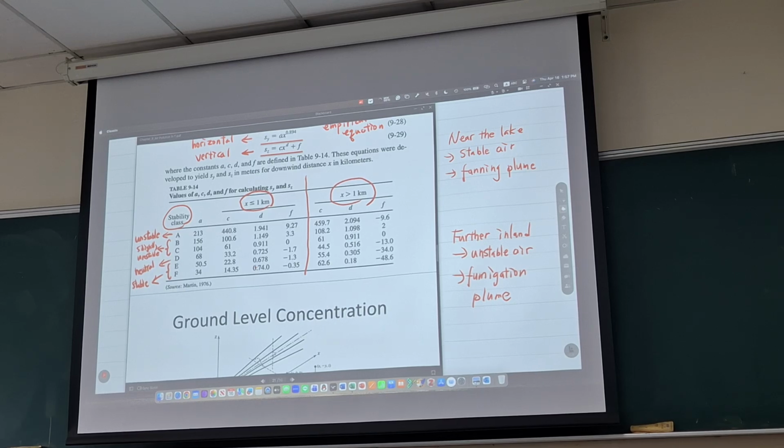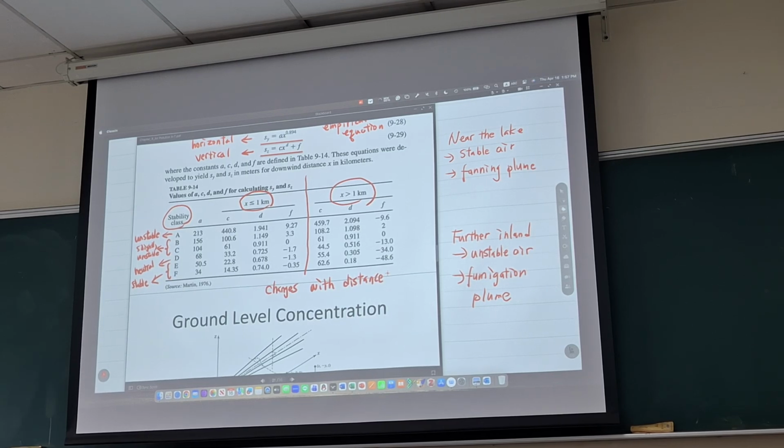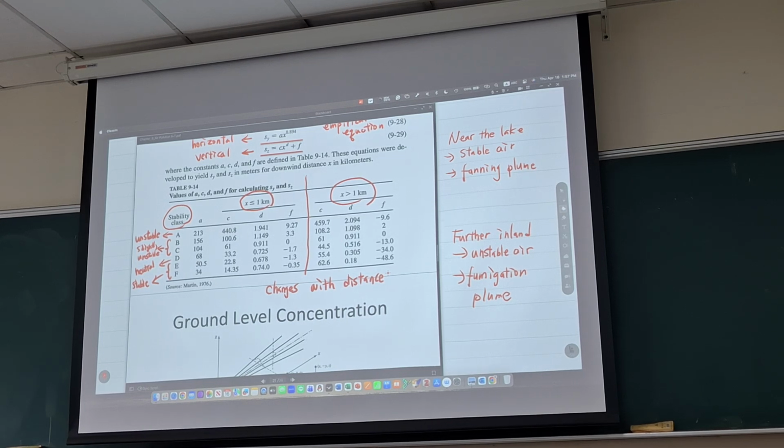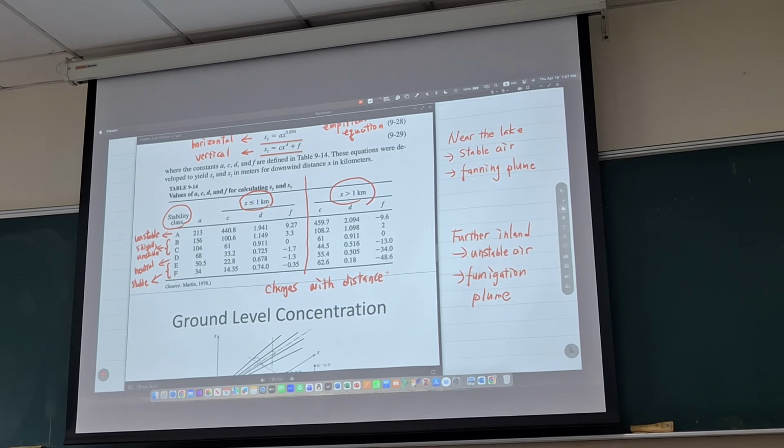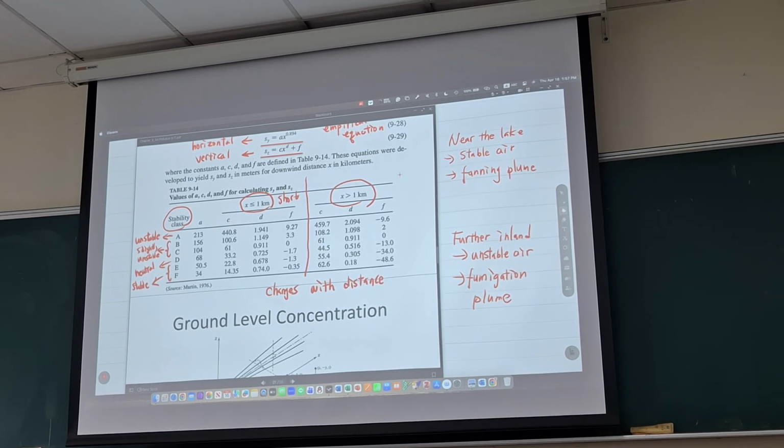This is because the plume spread behavior changes with distance. The distance matters. So different constants are used for short distance and long downwind distances.